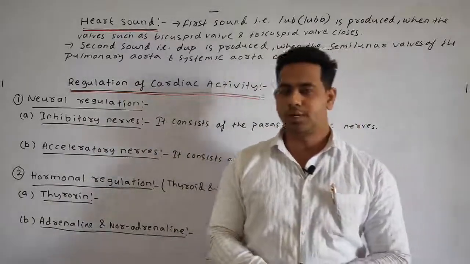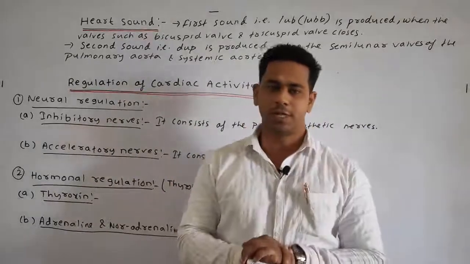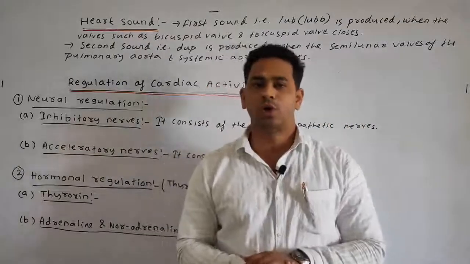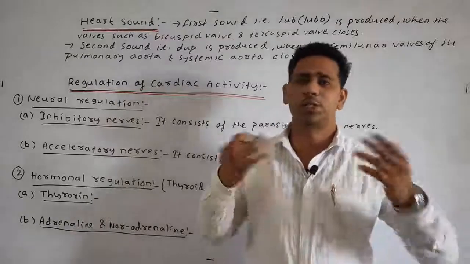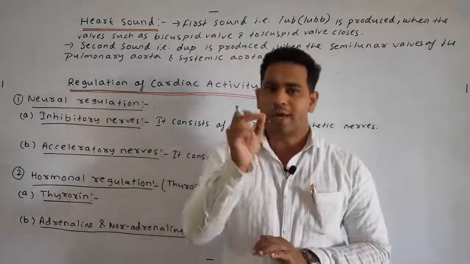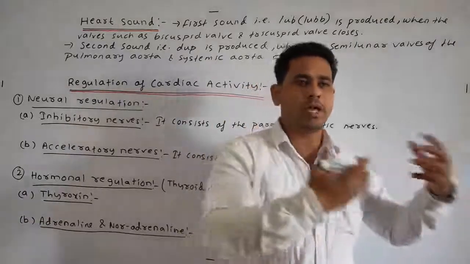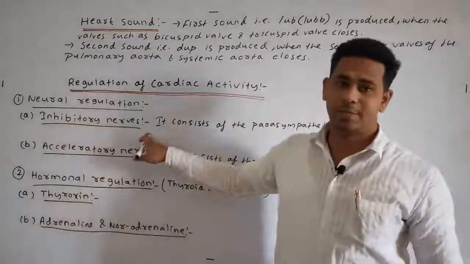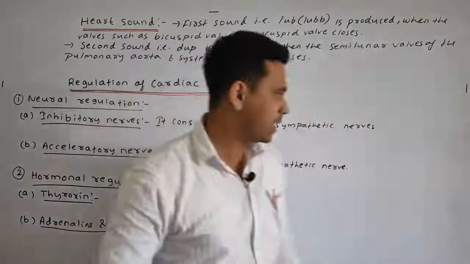As we discussed, students, neural means some nerve is associated. The vagus nerve, whenever it is stimulated, secretes the hormone called acetylcholine. Whenever acetylcholine is released, it decreases the heartbeat. Inhibitory means it decreases the heartbeat. Okay, let's write the point.